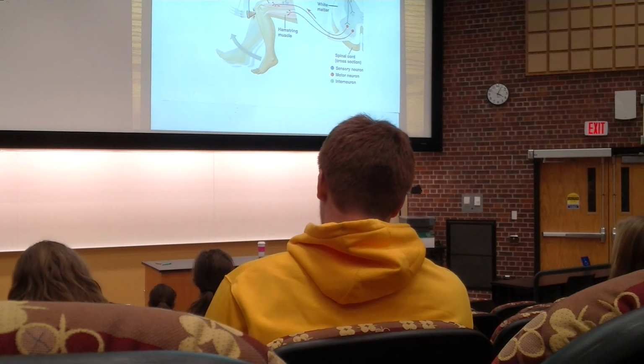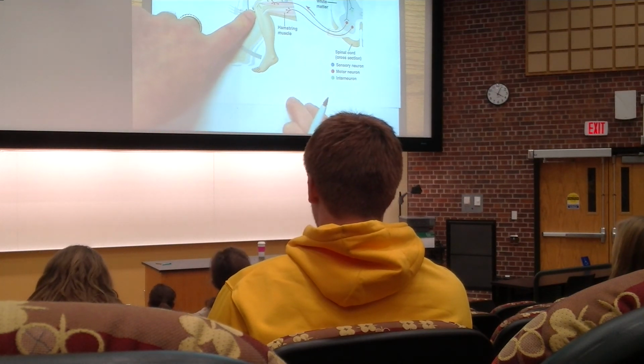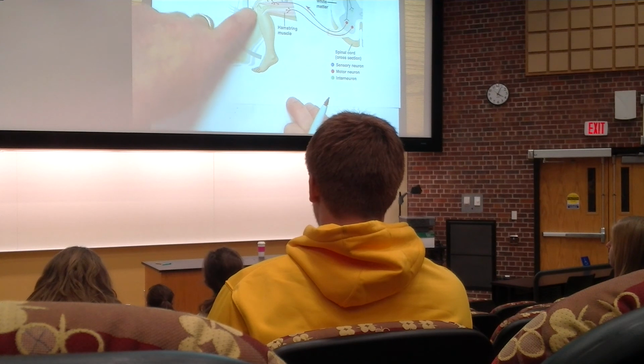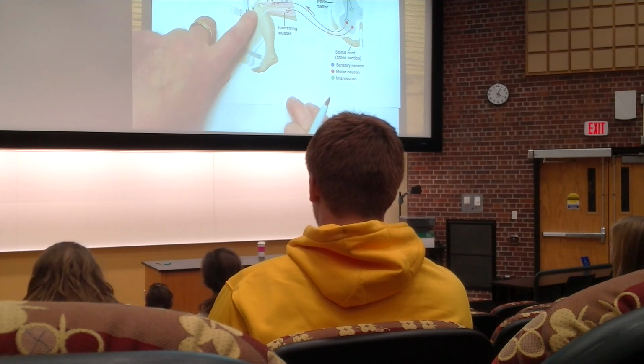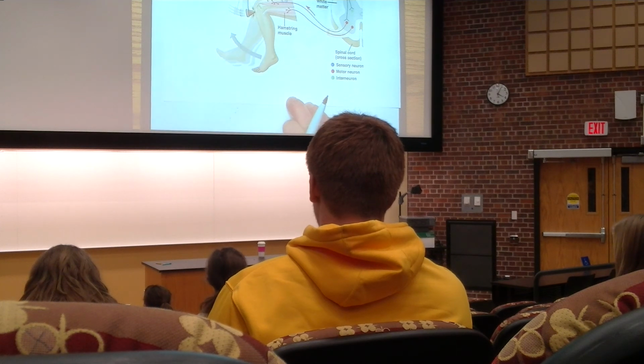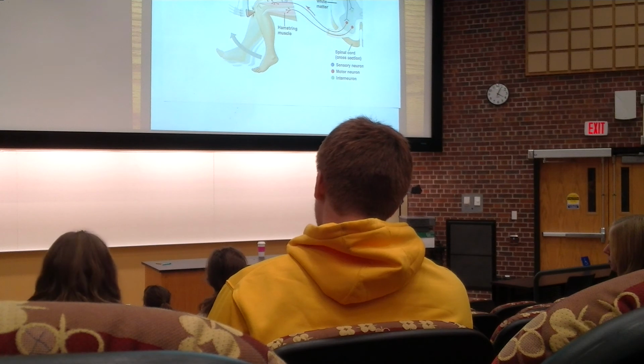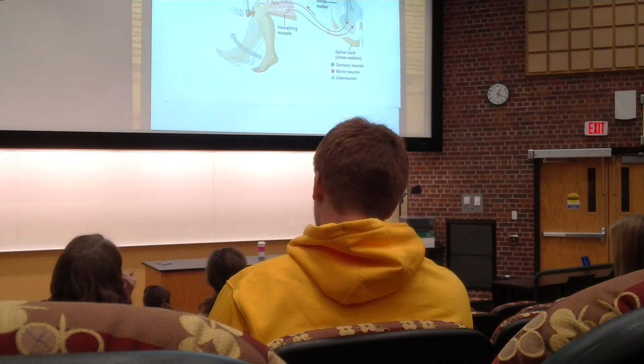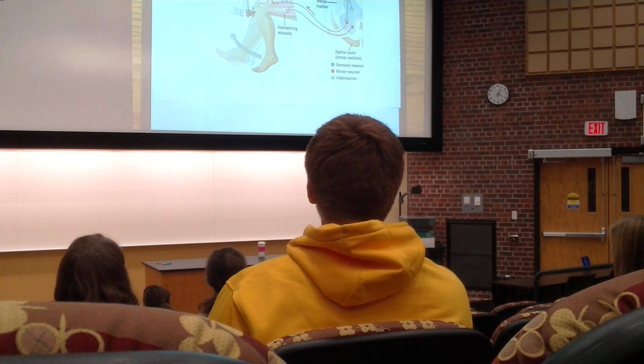What's happening here? When they hammer your knee, they are hammering a tendon. Remember tendons, which muscles use to attach the bones? They're hammering on that tendon and stretching it. They're stretching the muscle. Now there are sensory neurons.